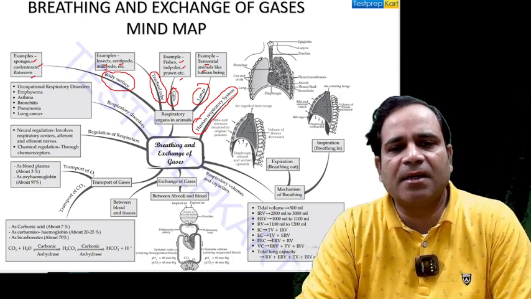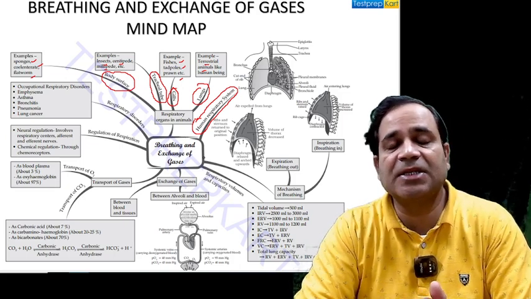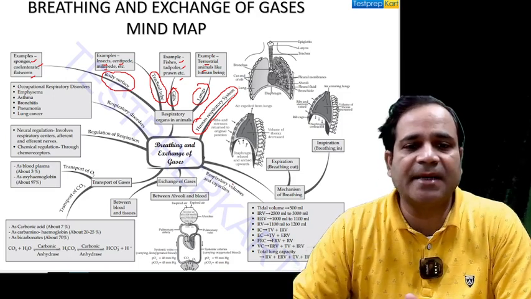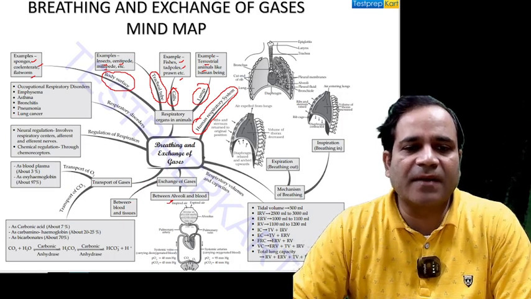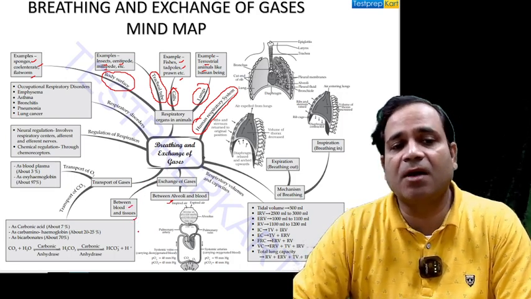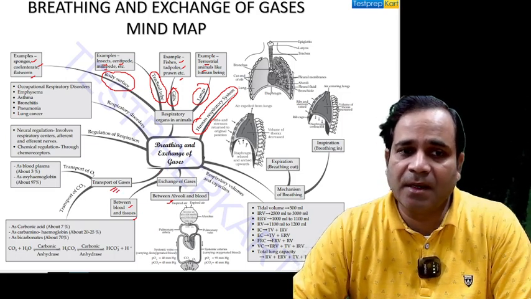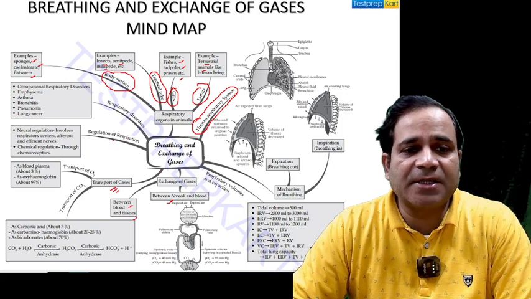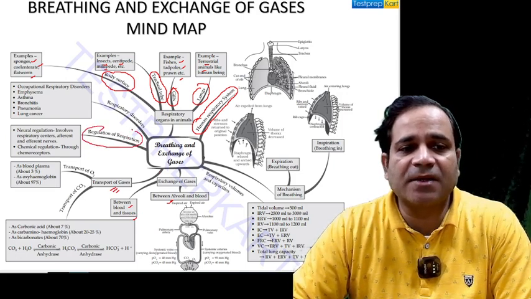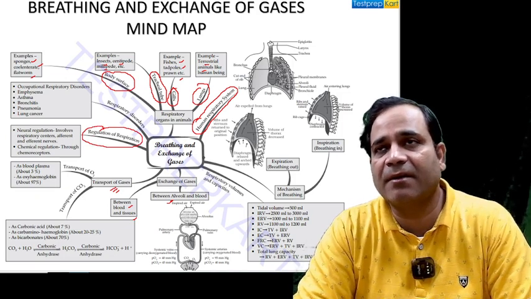And then after that, my dear, respiratory volumes and capacities, exchange of gases between alveoli and blood, yes or no? And then after, the exchange of gases between blood and tissues, how it occurs. Then the transport of gases also. Is that clear? And then the regulation of respiration, how it takes place, which one is the chemical regulation, which one is the neural regulation.